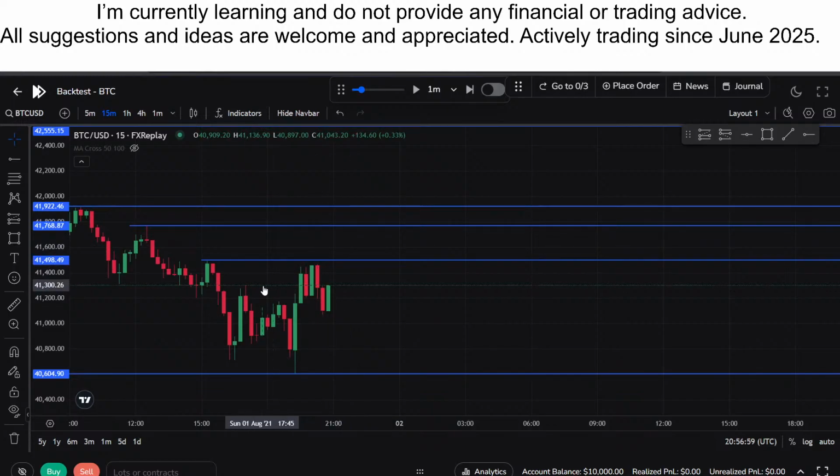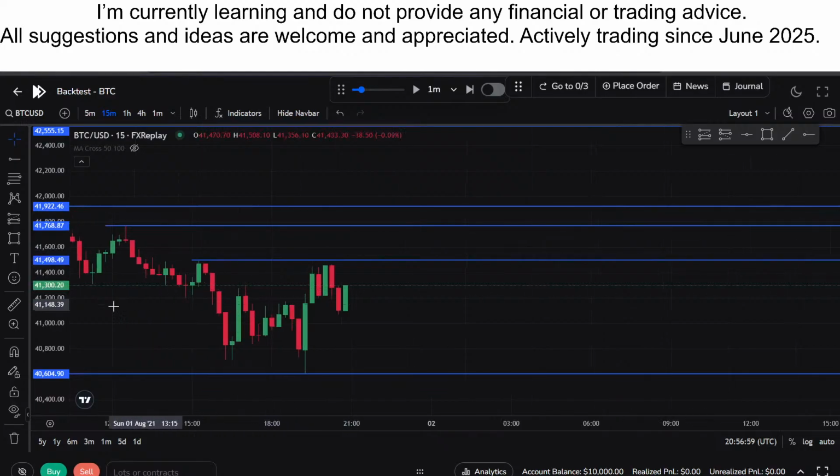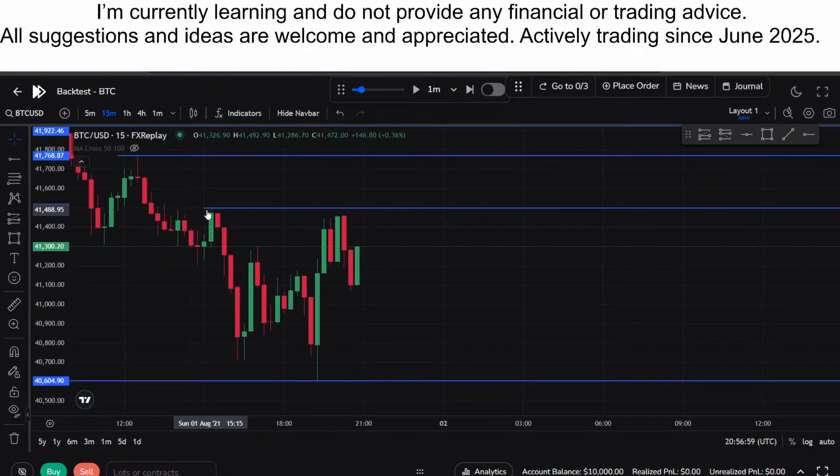We already have the break of structure here, and up, down, up, so low. Here is the low, and here is the high. This was the recent high. Yeah, here we can say that I think this one is the break of structure. High, low, high.